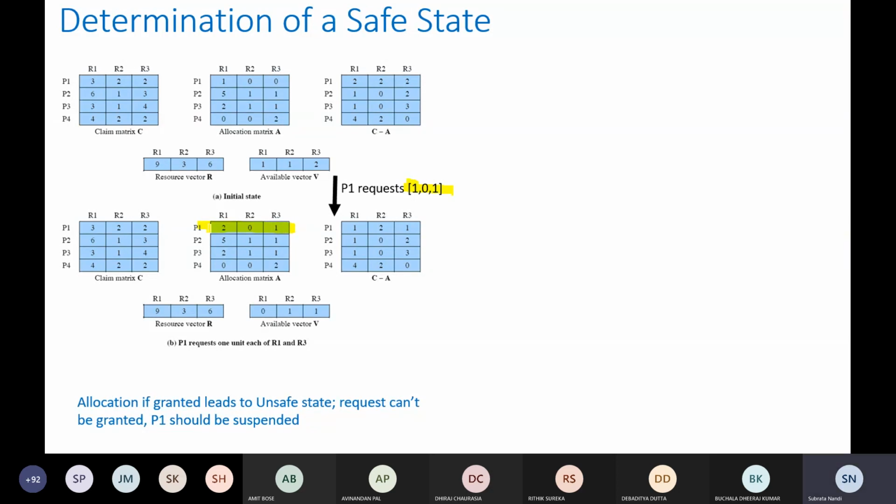Now the resulting state: this value will be subtracted from the avail vector and added to the corresponding P1 row in the allocation matrix. So will it be a safe state? This resulting state, will it be safe?